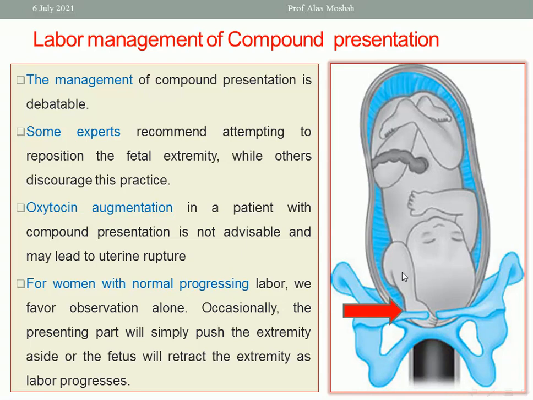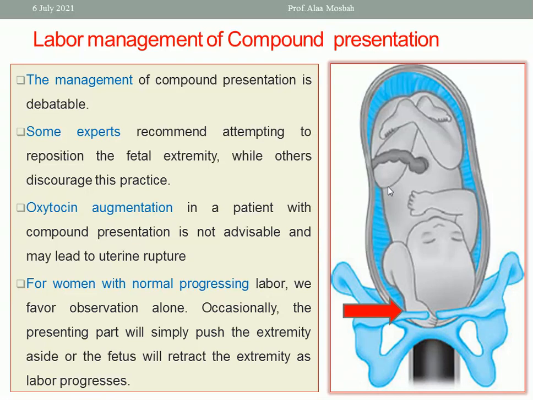Then the assistant will help with fundal pressure so the vertex will descend, occupying the inlet of the pelvis, and the arm goes up, so the problem is solved. Some believe in this, but they advise to do it very gently, so as not to cause any trauma.